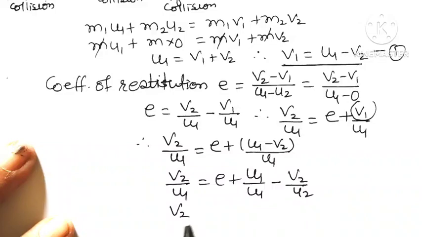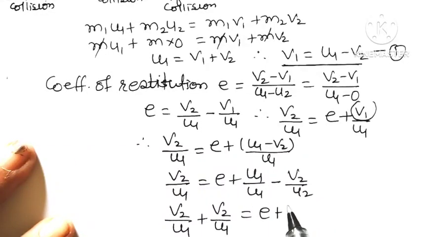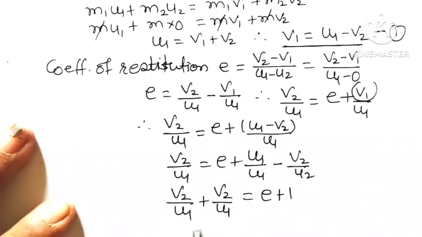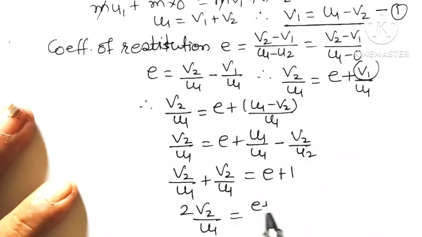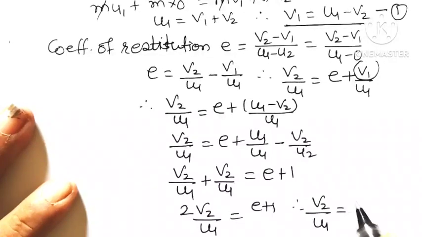The minus term will be taken to this side, so again it is v2 by u1, and that is equal to E plus u1 by u1, which is 1. So here we have two times v2 by u1 equal to E plus 1, therefore v2 by u1 is equal to E plus 1 whole divided by 2.